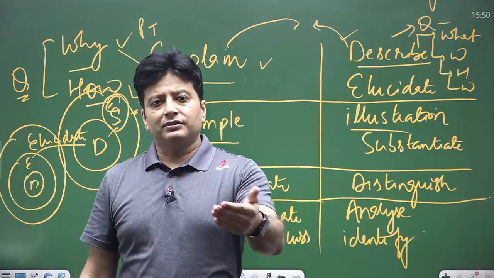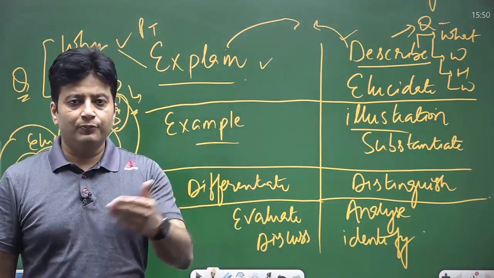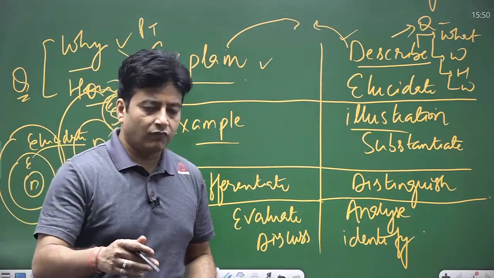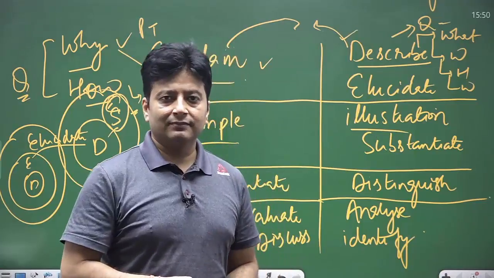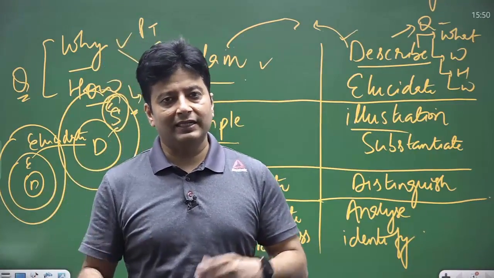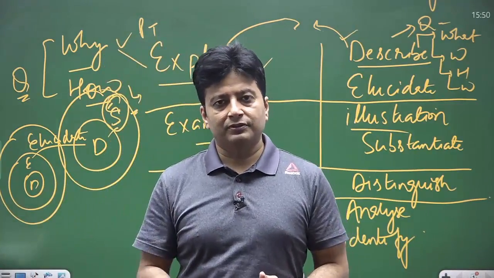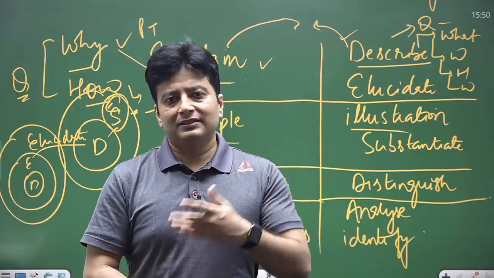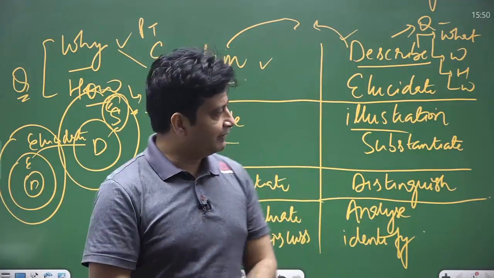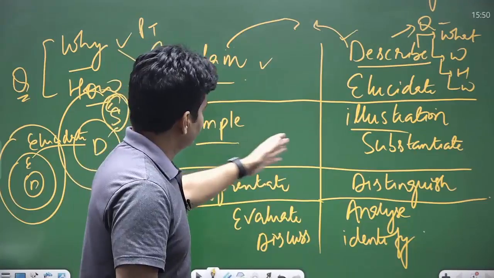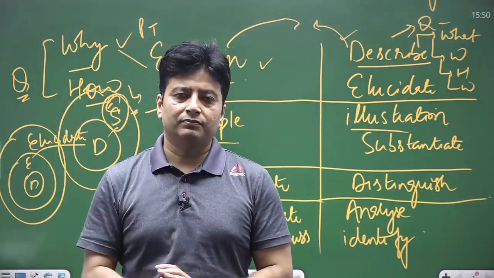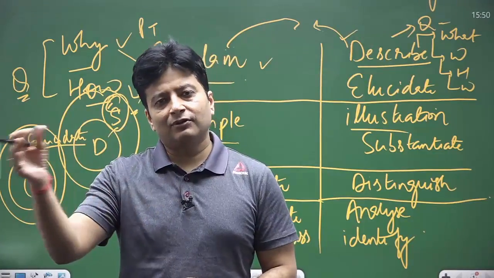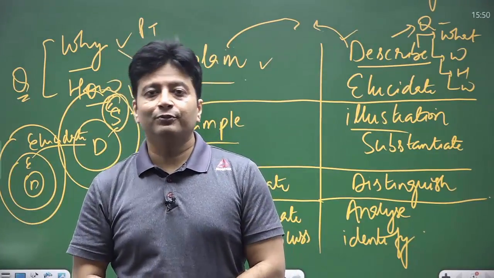If we talk about an example, say for example, what is a government job? Give an example: UPSC civil service exam, NDA, CDS, railway, SCRA, postal jobs. These are all government jobs. This is the example. But when we talk about illustration, so illustrate government job, or illustrate something about the government job, then what will you be saying?